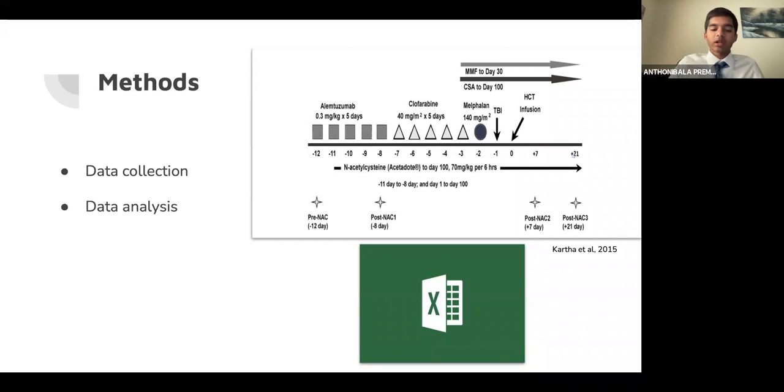Then, blood samples were collected for each of the patients at 3 different stages during HSCT. The 3 stages include 7 days prior to HSCT, which are classified as AUC1, 7 days after HSCT, which are classified as AUC2, and 21 days after HSCT, which are classified as AUC3.